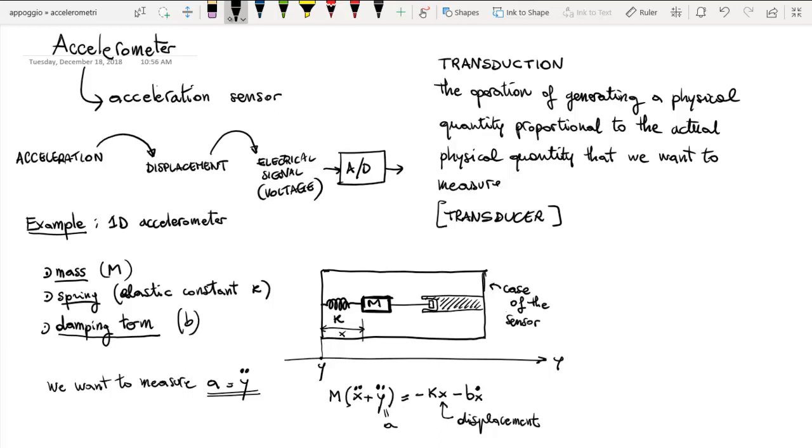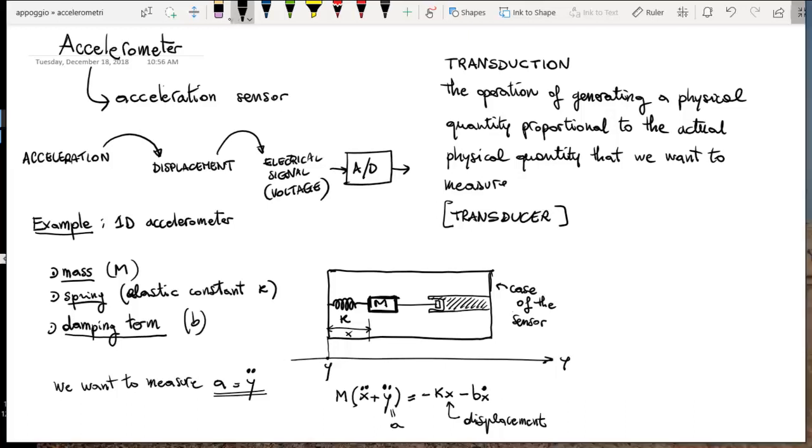And you see it is quite easy, because we have written this equation which relates basically a, the acceleration, to the displacement. So we need to operate a bit on this equation, and the simplest thing that we should do here is use the Laplace transform and work in the Laplace domain. So if I work in the Laplace domain, it is relatively easy. This x second derivative becomes s to the power of 2 times x. Okay? So let me continue.